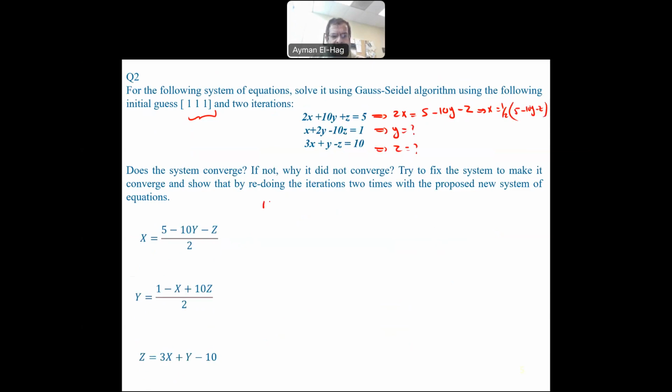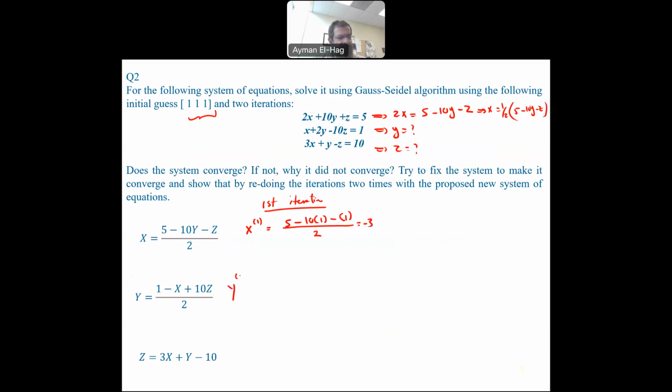We'll start our first iteration. In the first iteration, we always use only the initial guess. So for x of the first iteration, all the values are 1, 1, 1. So it is (5 minus 10 times 1 minus 1) divided by 2. And this will give me minus 3.